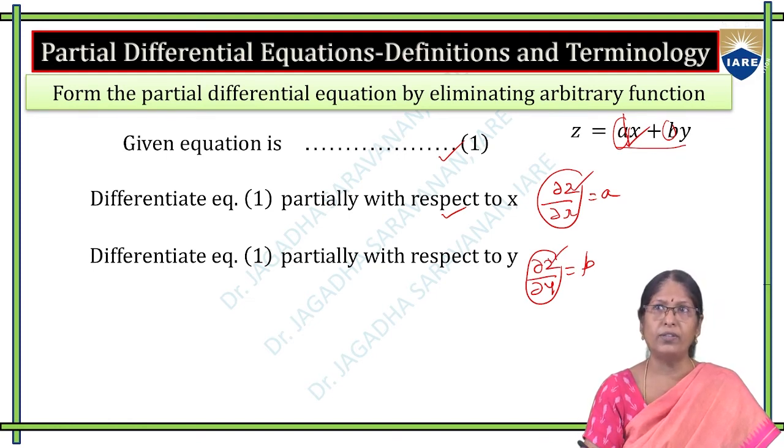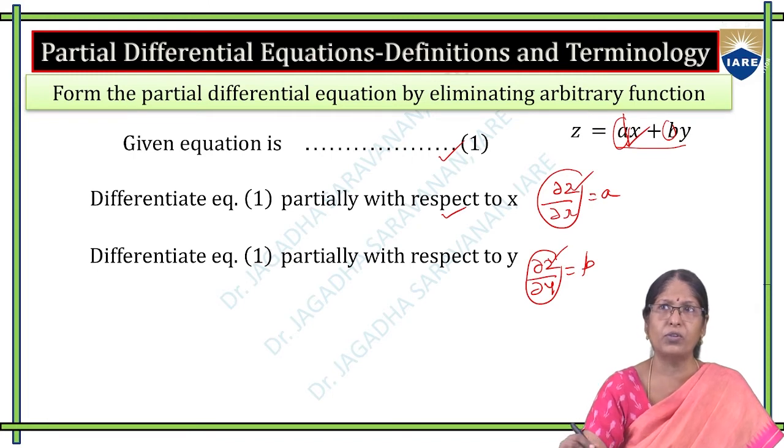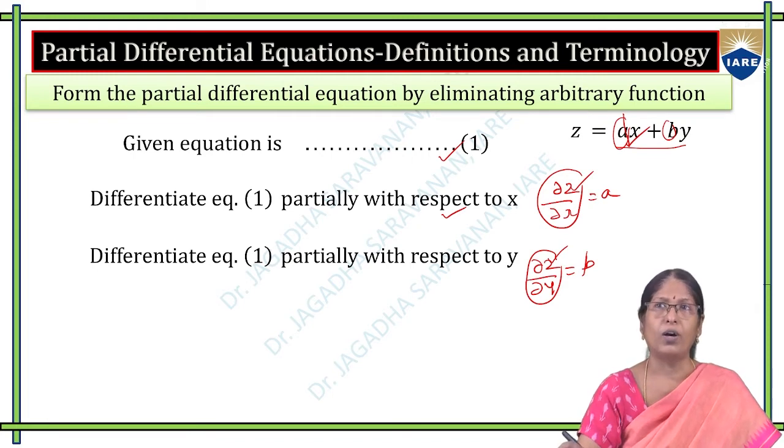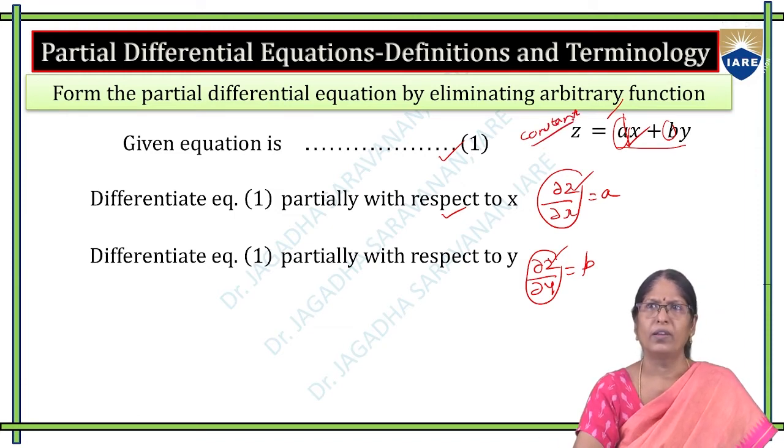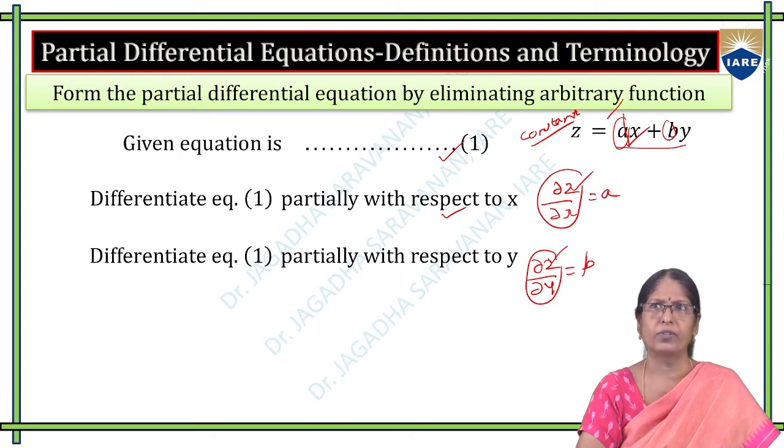This is the terminology which is subjected to form the PDE by eliminating arbitrary constants. Here constants also should be added in the heading. Whatever problem comes, in such a way we have to apply the terminology to form the PDE.